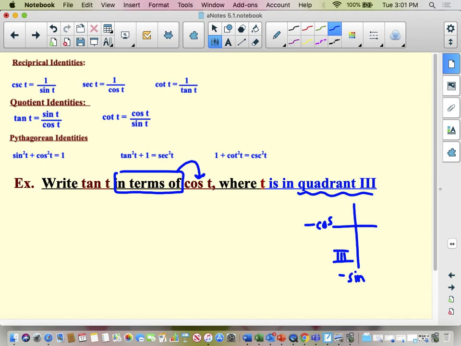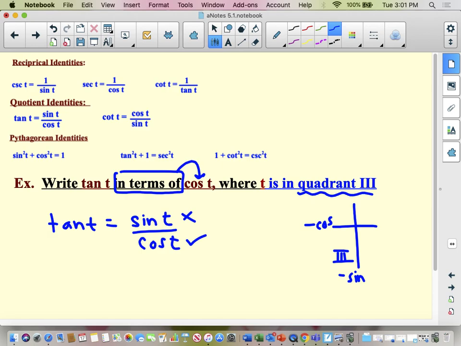In terms of something means just that. So tangent, maybe the obvious first step is to write that as sine of t over cosine of t, okay, from the tangent ratio. I want tangent to be in terms of cosine. Well, right now it's in terms of sine and cosine. So this is good, this sine, not good.